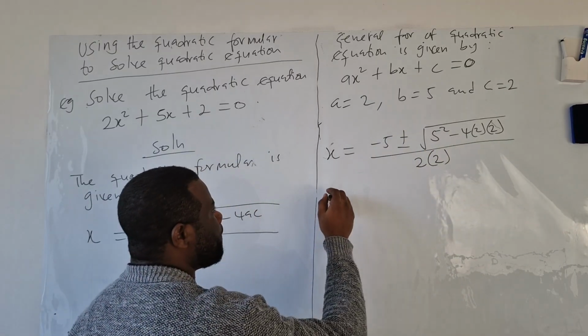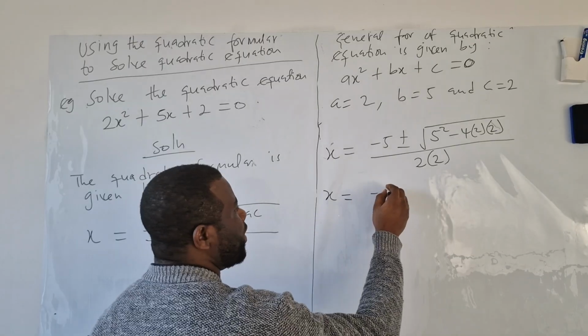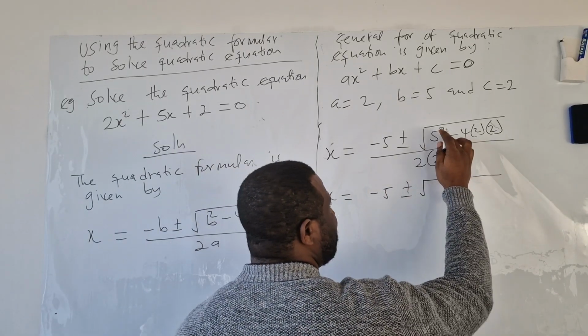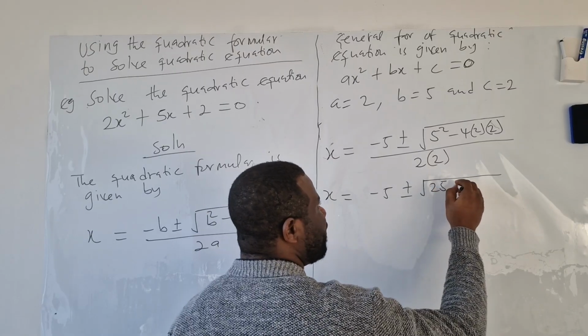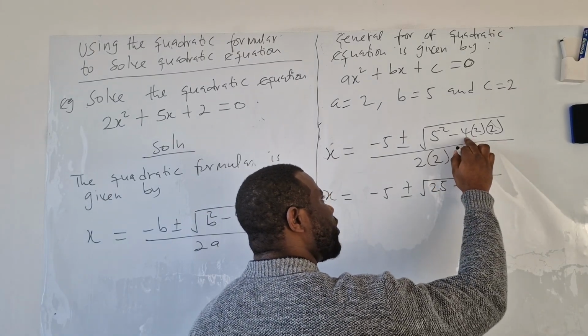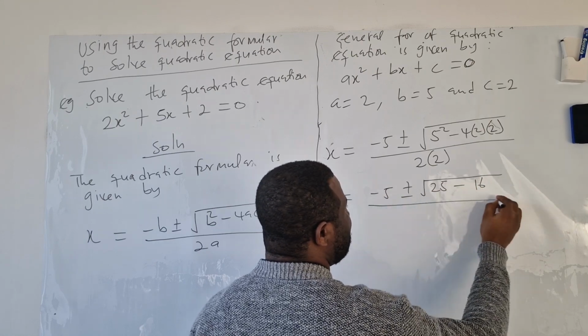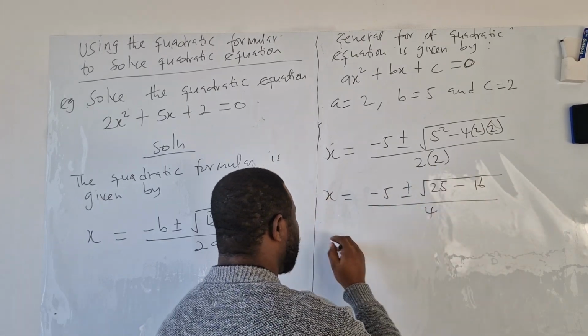So we have x equal to minus 5 plus or minus square root of 5 squared is 25, minus 4 times 2 times 2, 16, all divided by 2 times 2, 4.